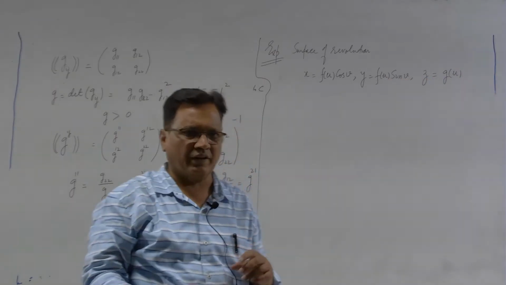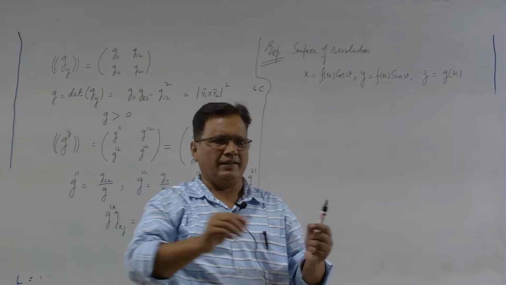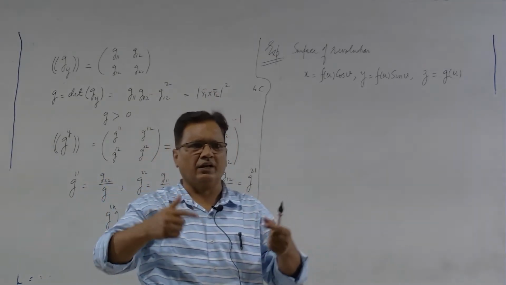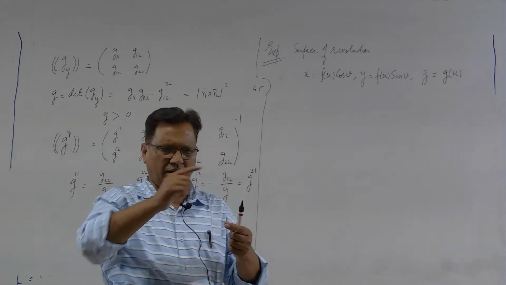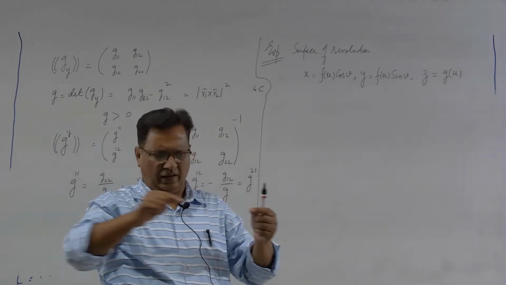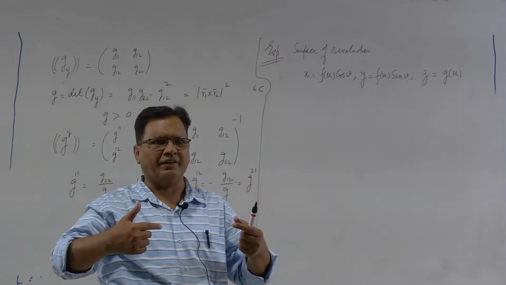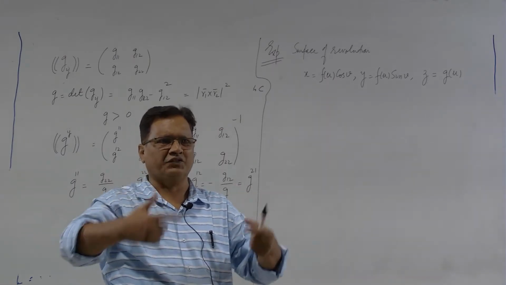A surface of revolution, roughly speaking, is obtained by revolving a curve around a line. So, if you consider a circle or a semicircle and you revolve it around its diameter, a sphere will be generated.